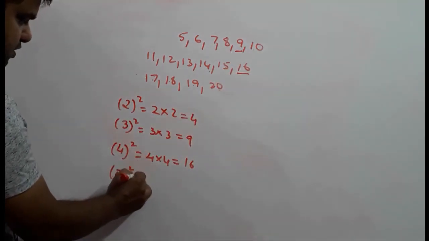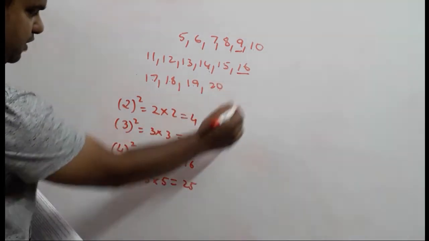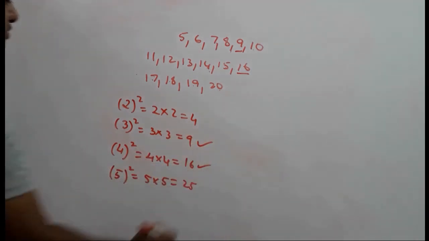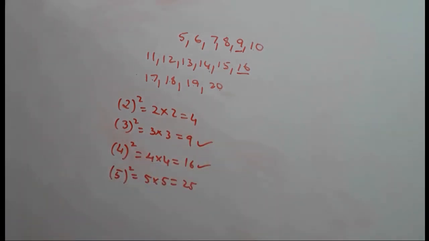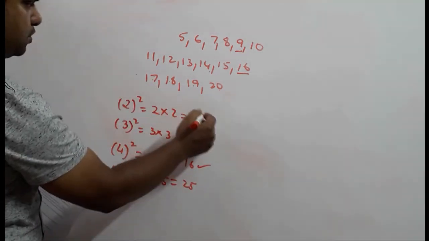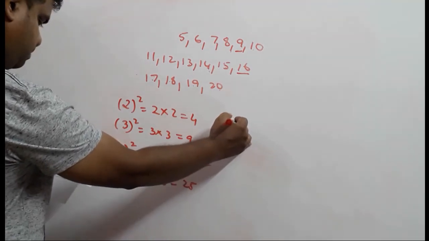We have 16. And let's go to the next one, 5 square, which is 5 into 5 equal to 25. We don't have it. No need to go further. These are the only 2 ones we had. So we are asked in this question, find the probability of getting a number which is a perfect square. So there are only 2 out of 16.